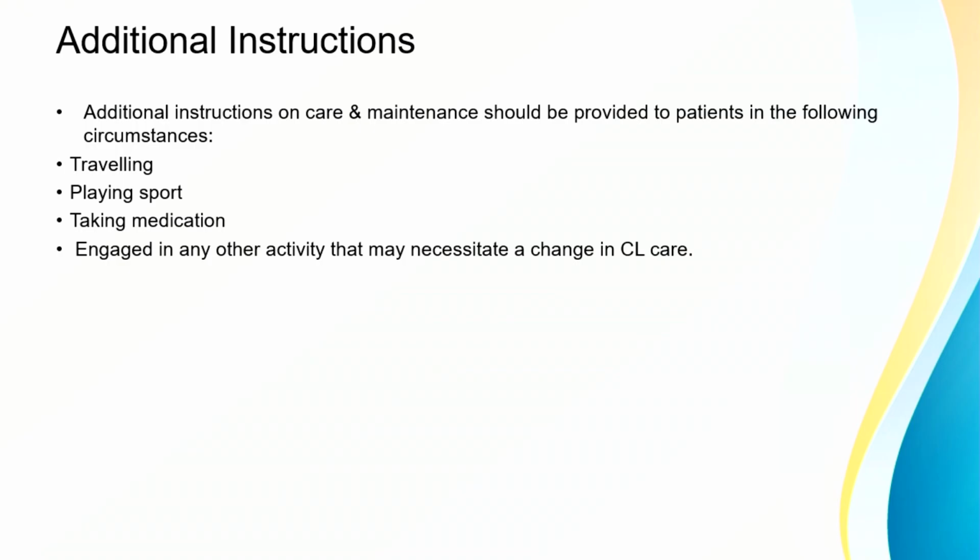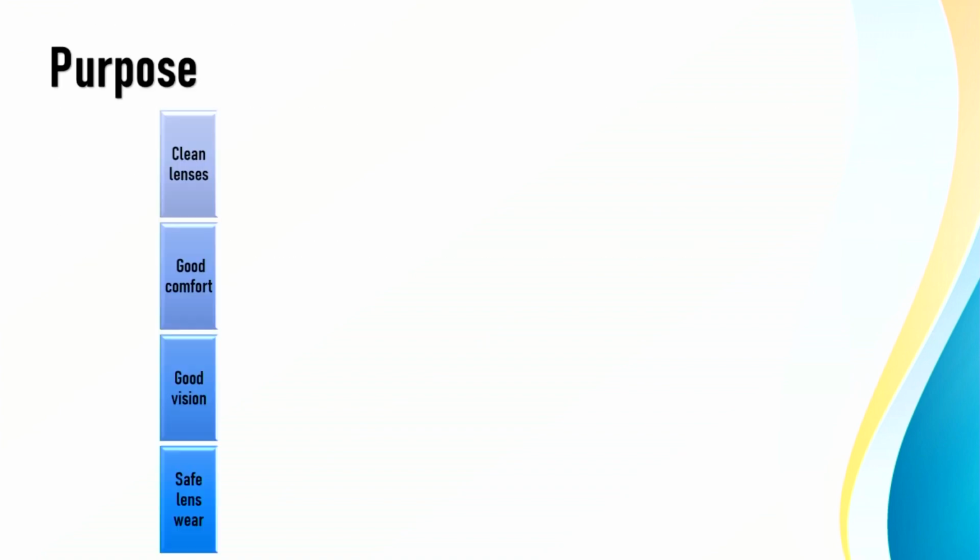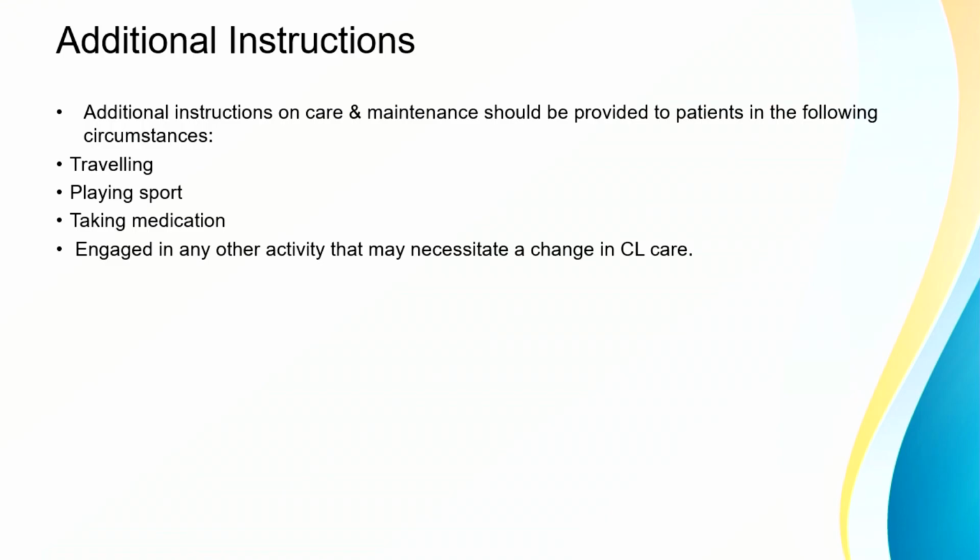So in that case, daily disposables will be a better option which you can recommend to the patients. And if they are engaged in any other activity like swimming, or any other case where they need to change the lens care, it has to be told to the patient as well. So till here it is the aftercare, the follow-up visits of the patients.